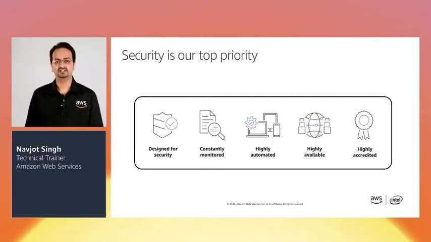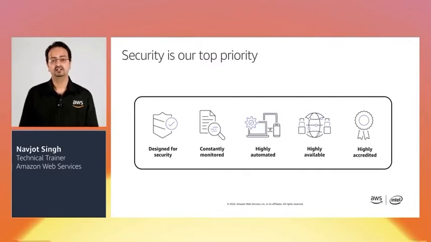The platform itself has been built with high availability in mind to eliminate single points of failure. The AWS Global Infrastructure is highly accredited, and we discuss later in this module the industry standard compliance programs AWS is compliant with.